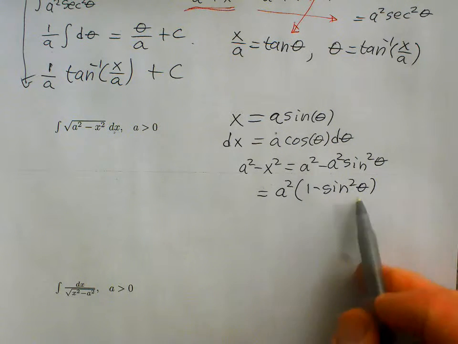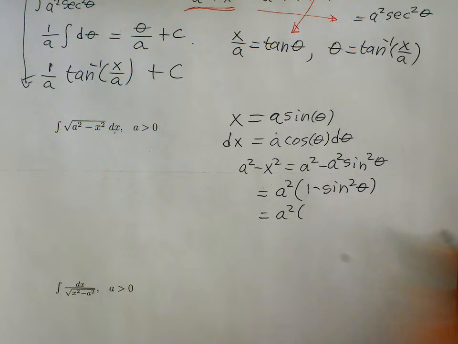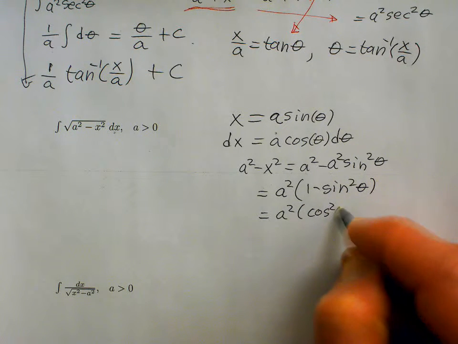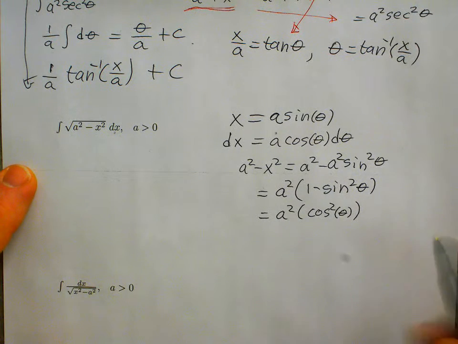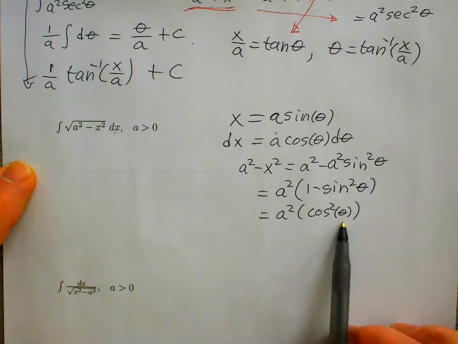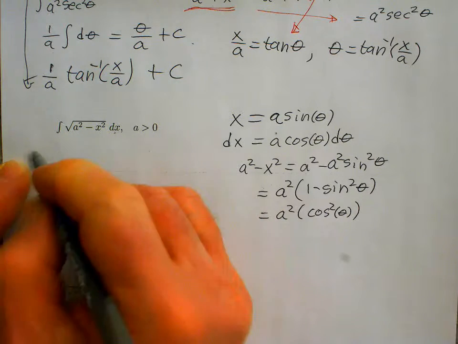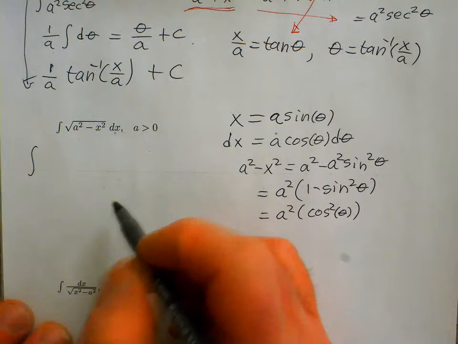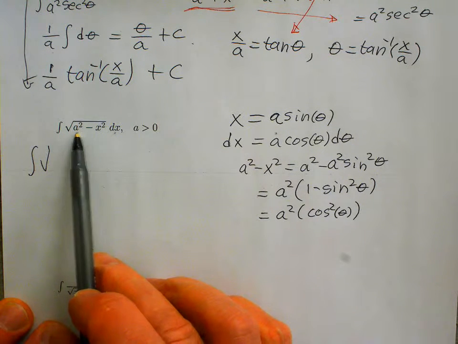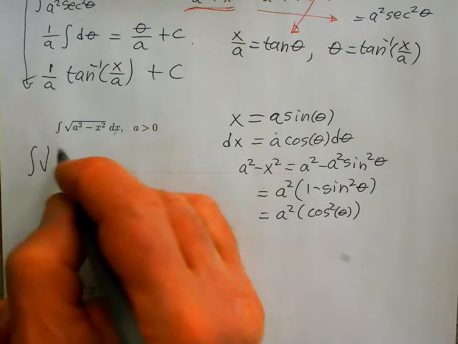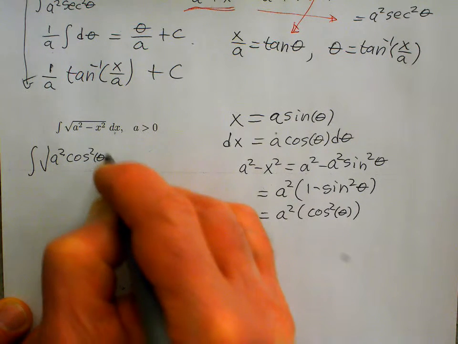But 1 minus sine of theta squared is cosine of theta squared. Okay, so we'll put in all of that stuff. We're going to get the square root. Instead of a squared minus x squared, it's the square root of a squared times cosine of theta squared.